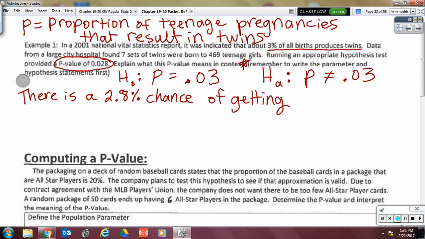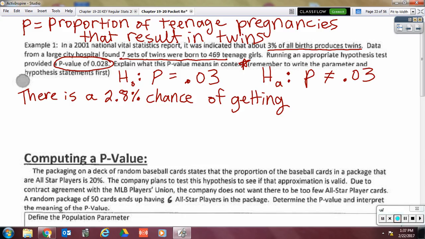And instead of saying this sample, I'm going to put the sample results. What are the sample results that we got? The sample that they got was 7 sets of twins were born to 469 teenage girls. So that's a 2.8% chance of getting this sample.